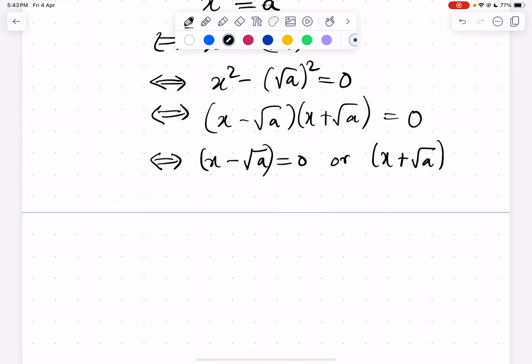Within real numbers. A equals 0 or B equals 0 implies AB equals 0 and AB equals 0 implies one of them must be 0. So this happens if and only if x equals root A or x equals minus root A.